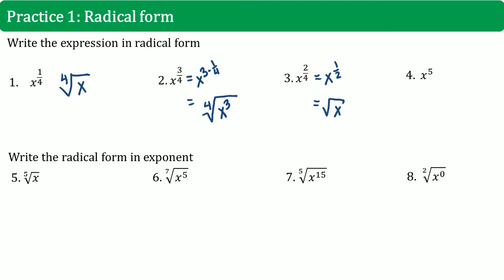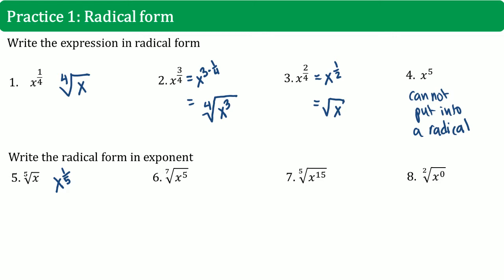x to the 5, again, you can't do anything here, so we cannot put it into a radical. Let's do this one: the fifth radical of x. So it is just x to the 1 divided by 5. Again, the value on top of the radical is what you're going to be dividing by in the exponent.